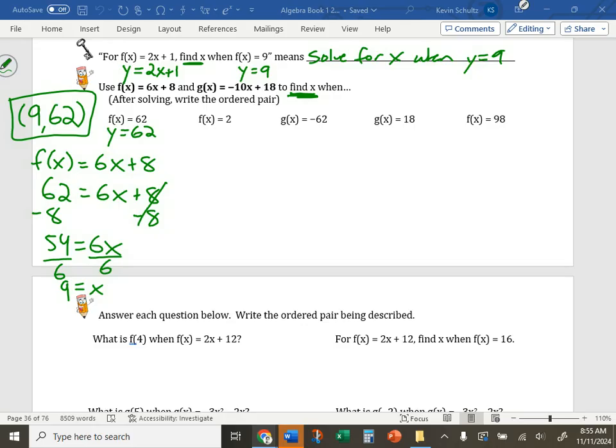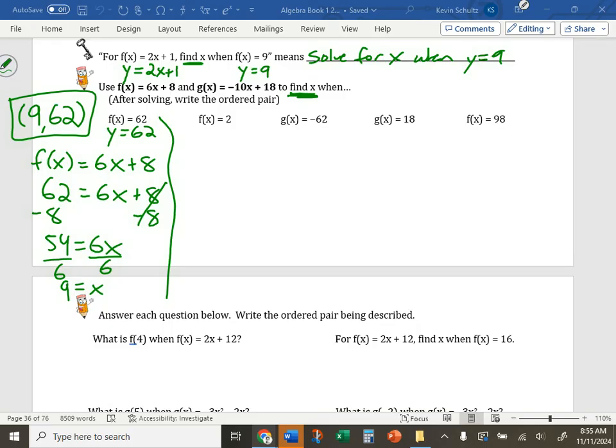So up there it says solve for x when y equals 9. In the equation 6x plus 8, I thought it was 6y plus 8. So I did 6 times 9 plus 8. So a happy little coincidence that you got it correct. Yeah. Don't do that.